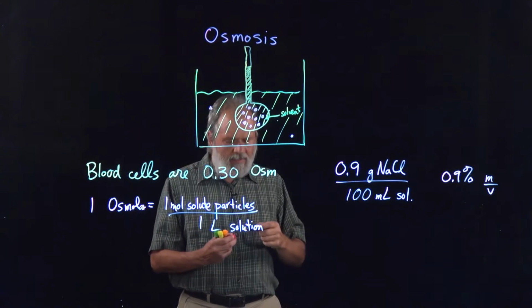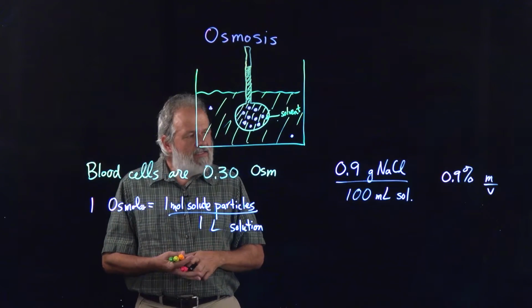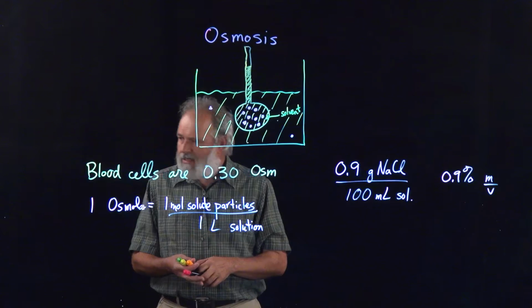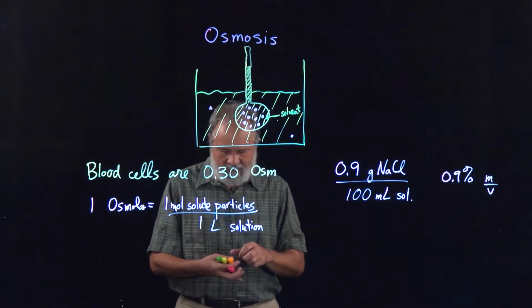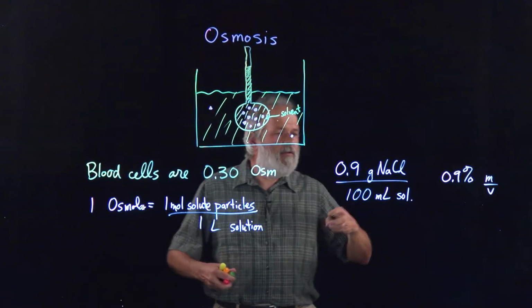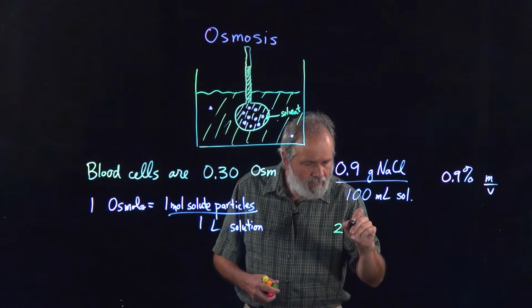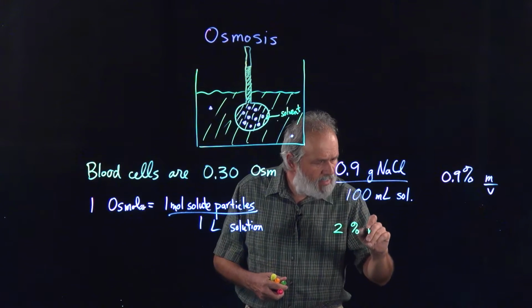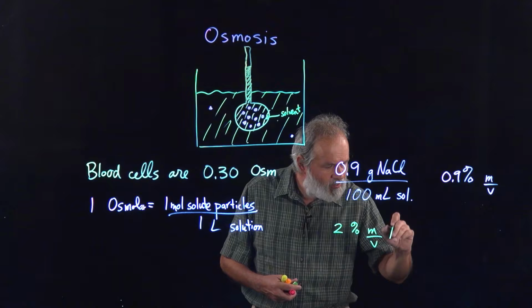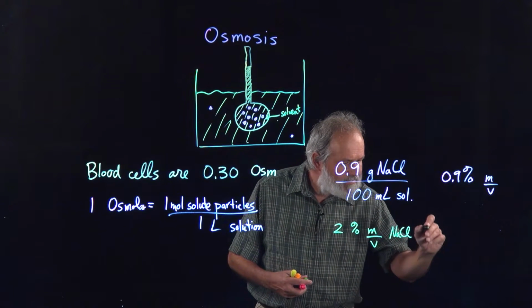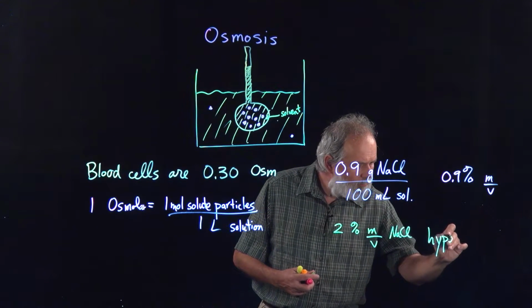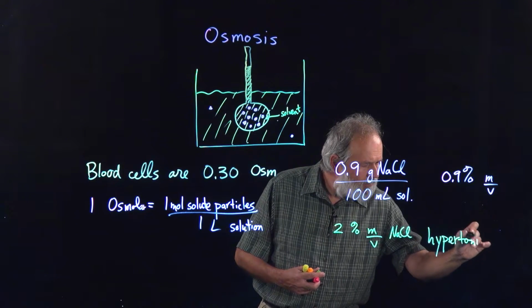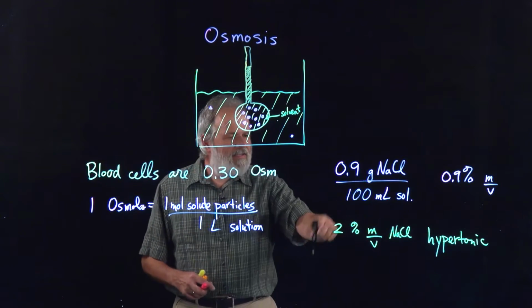All right, so let's look at a solution that is 2%. Well, 2% mass by volume of sodium chloride is hypertonic. It's too high.